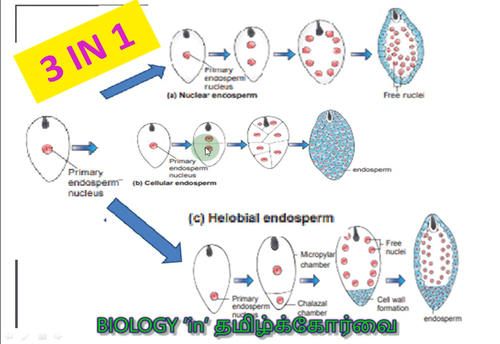Here, every nuclear division is followed by cell wall formation, so the endosperm is filled with only cells. Whereas in the helobial type, I told you it is intermediate between these two: in the micropylar chamber you can see free nuclear division, and in the chalazal end you can see the formation of cells. So one side gives the appearance of nuclear endosperm, the other side gives the appearance of cellular endosperm. So in a single slide you are able to learn everything.